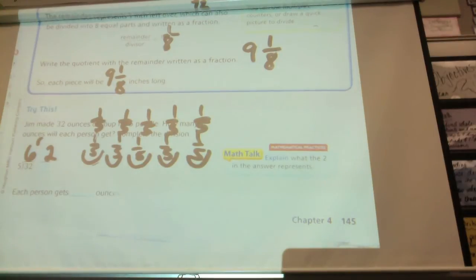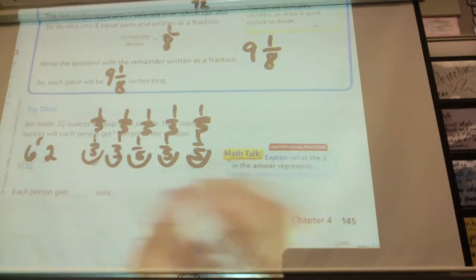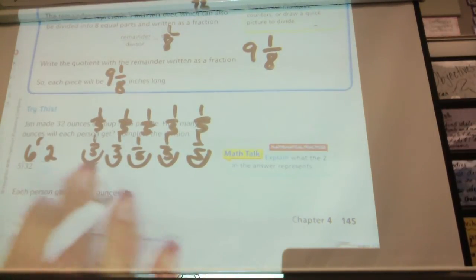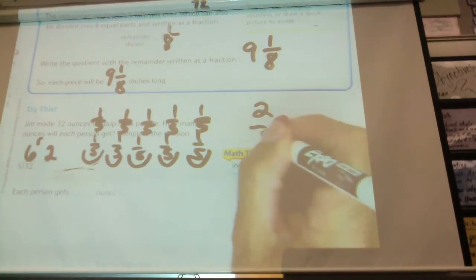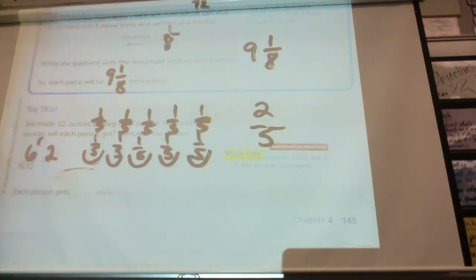Not 2 1/5s. 2 fifths. It's, like I said, just like saying 1 elephant and another elephant is 2 elephants. 1/5 and another fifth is 2 fifths. Woo, you guys. There's nothing to be confused about.